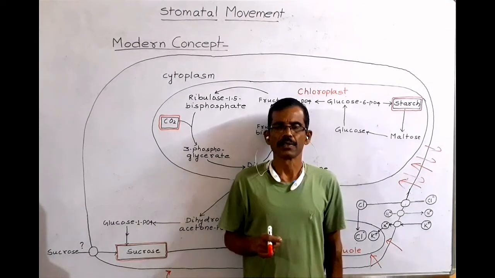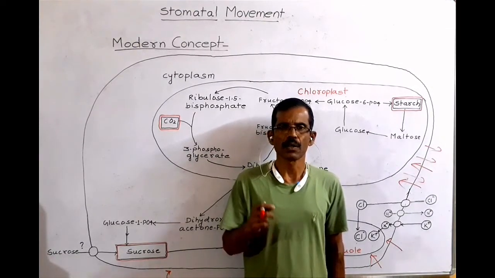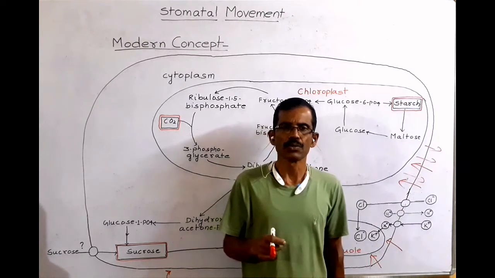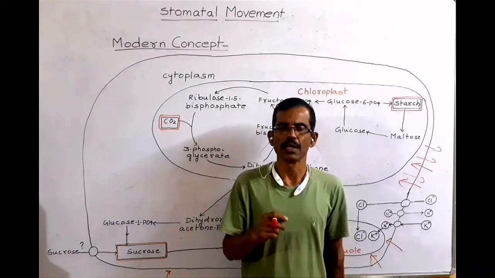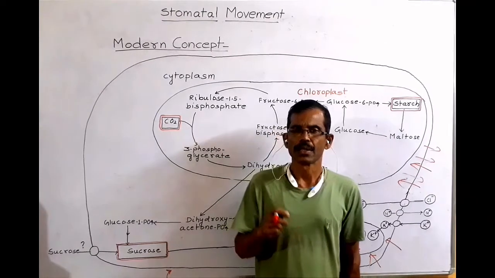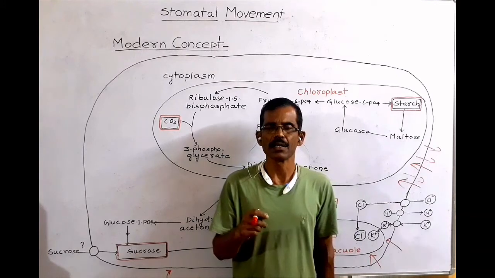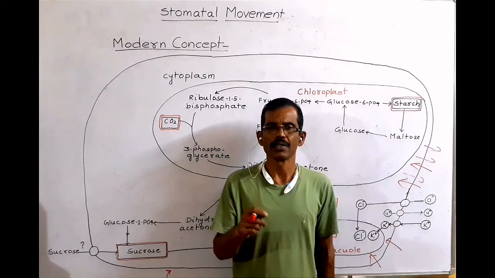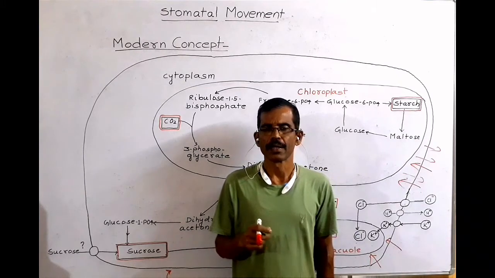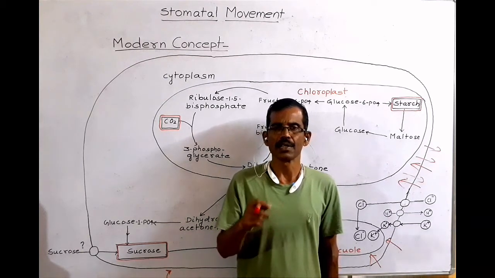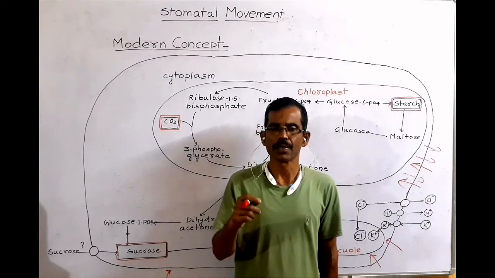Studies have shown that there is another major osmoregulatory phase of guard cells in which sucrose is the osmotically active solute. The potassium ion concentration of guard cells increases in parallel with the early morning opening. The concentration of potassium ion in guard cells decreases in early afternoon.